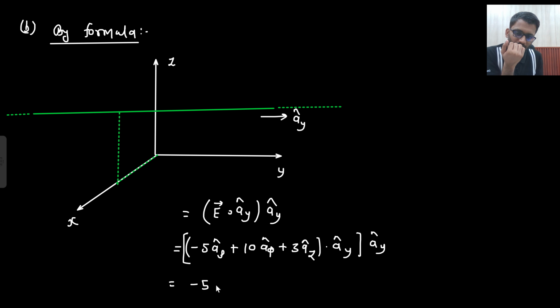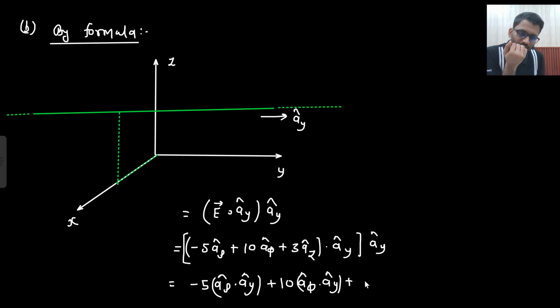So what you are going to get? -5 a rho dot ay plus 10 a phi dot ay plus 3 az dot ay, and then this is the direction.